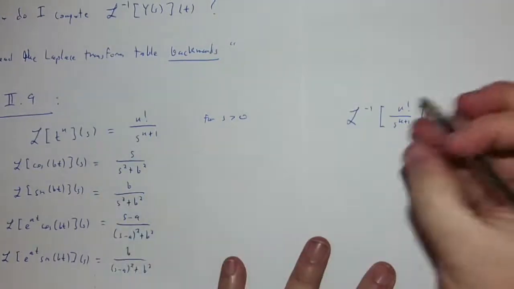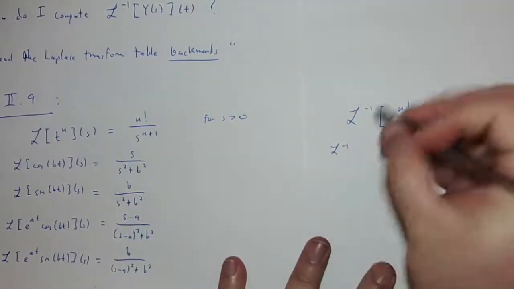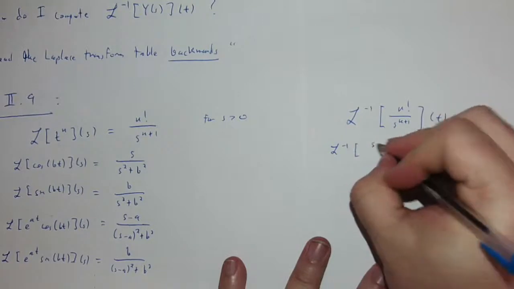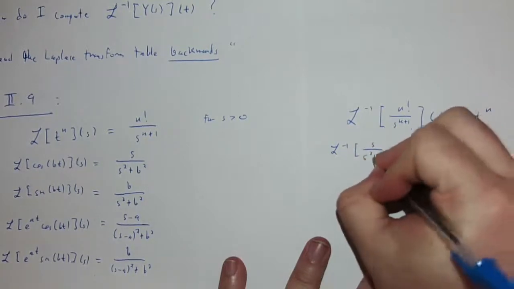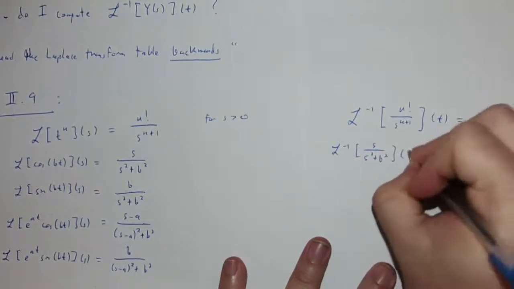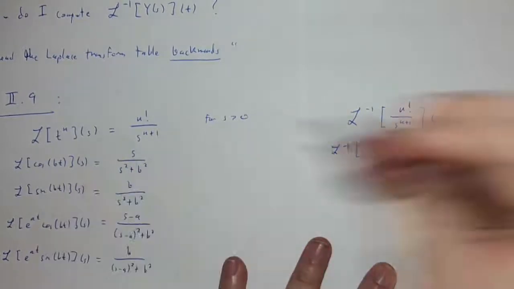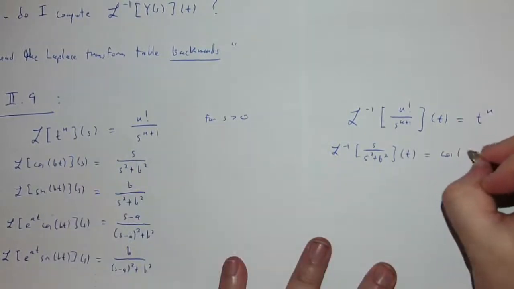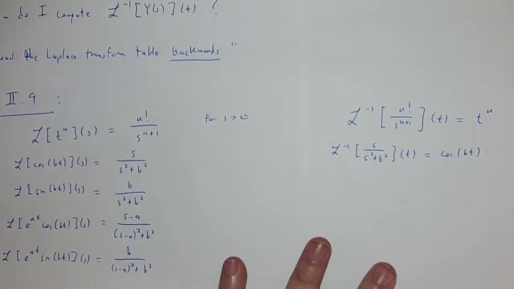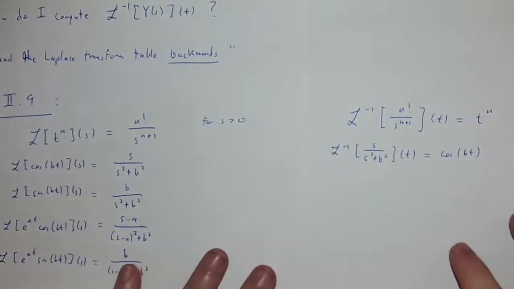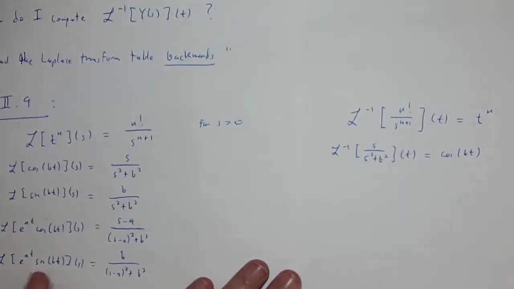Let's do it for the next line. The inverse Laplace transform of s over s squared plus b squared, of t, is cosine of bt. I don't have to do every single one of these. Let's skip to this last one.